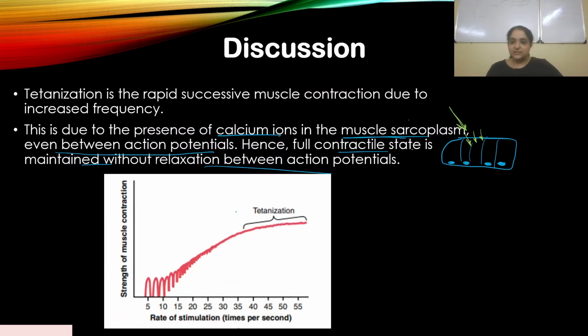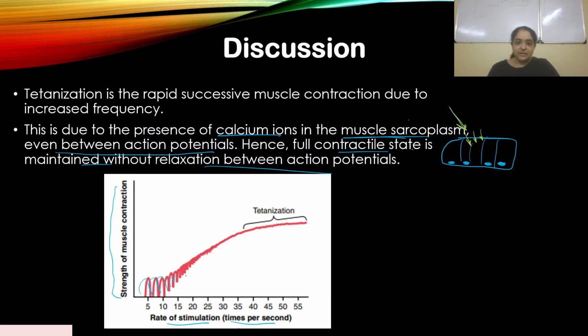So here is a good graph like what I explained to you. You have the strength of muscle contraction on the y-axis and the rate of stimulation, that is times per second. Frequency was very low in the beginning, only 5, 10, 15 per second. It's okay, we can individually see those twitches.